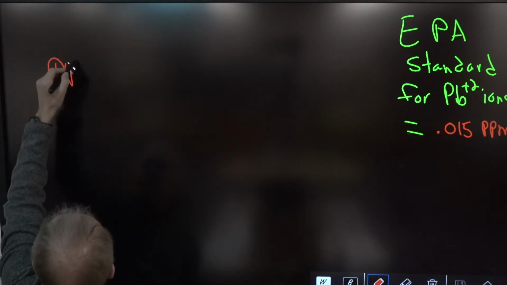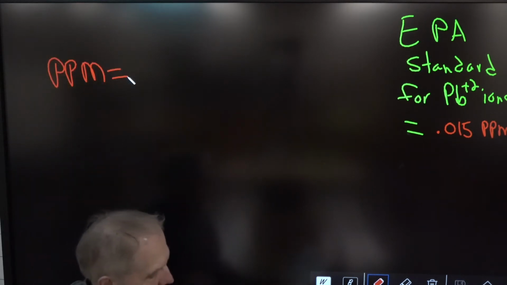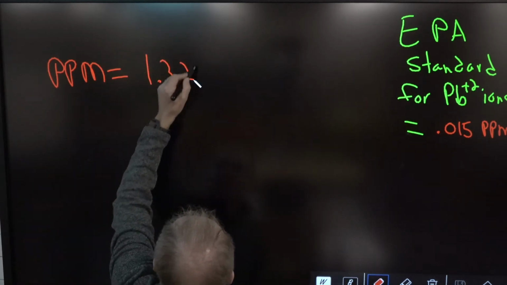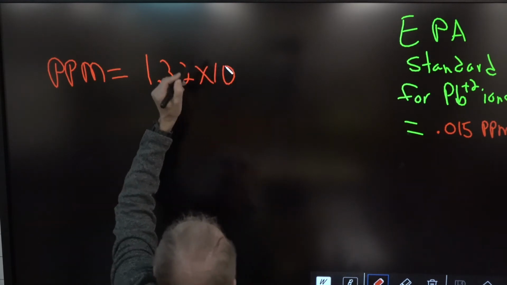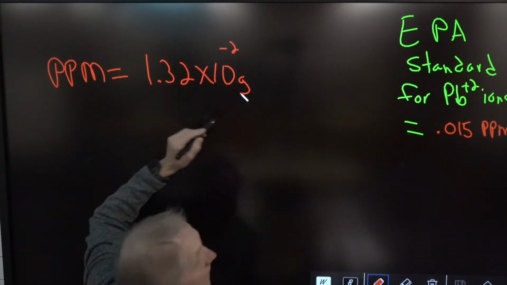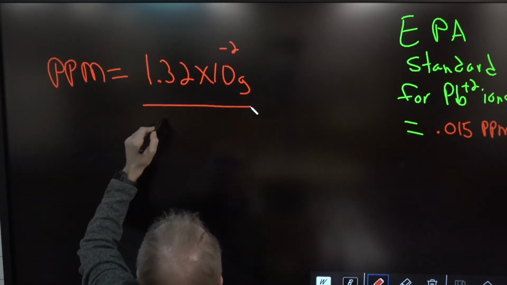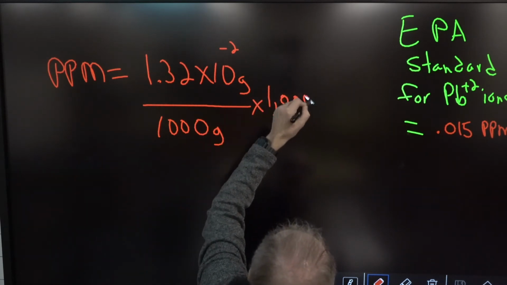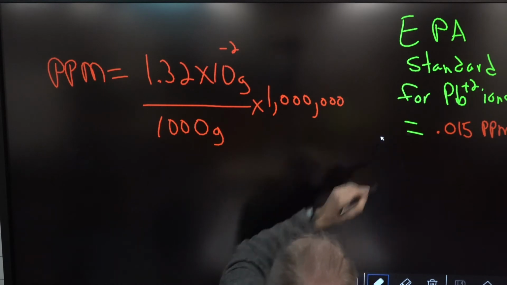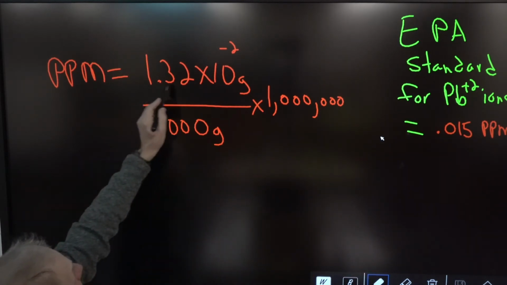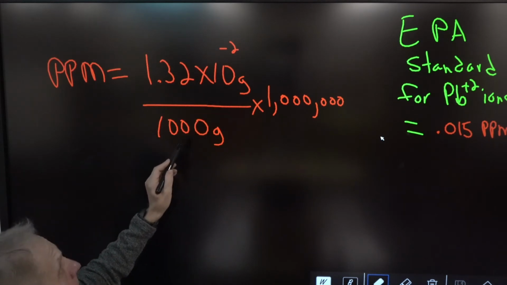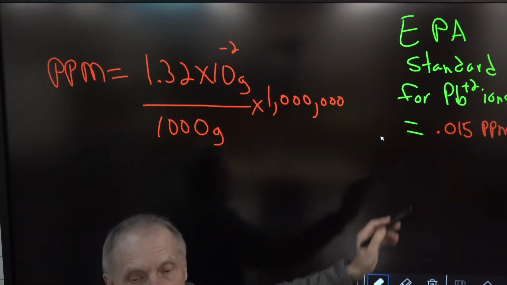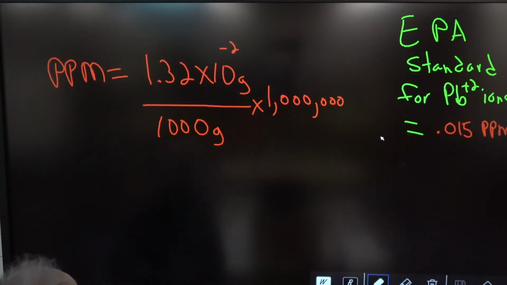We're going to go ppm equals, this is what they found in their water, 1.32 times 10 to the negative 2 grams of lead ions in 1,000 grams of water times 1 million. Okay, now, remember, this is the amount of lead ions they found in 1 liter of water. So we're going to find the ppm, and then we're going to see what it is compared to the EPA standard.